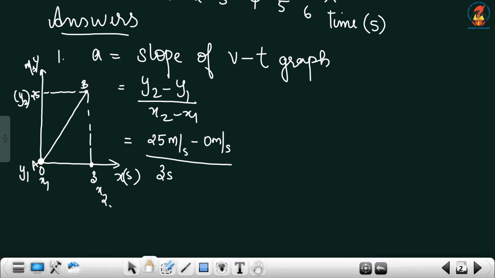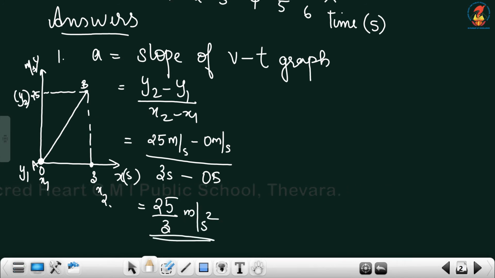From B I have drawn a line that meets the x axis, that is x2. So, x2 is 3 seconds minus x1, that is 0 seconds. So, what is the answer? 25 by 3 meter per second square.